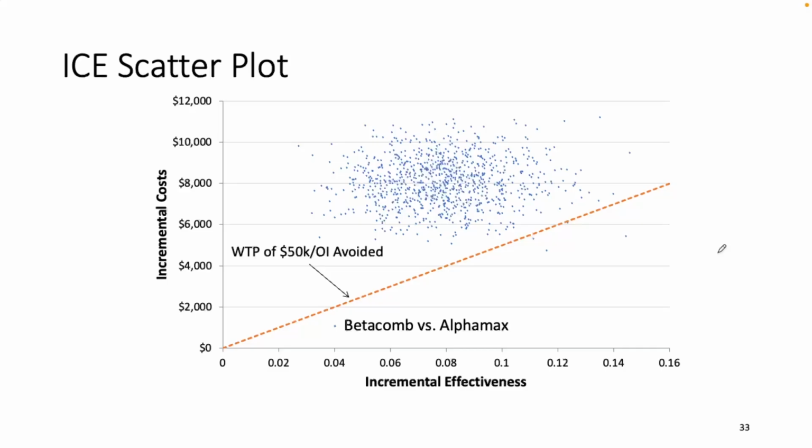And remember, we can draw a willingness to pay as a line. It's like y equals mx plus b, if you remember your high school algebra. And so as we draw this line, with our willingness to pay here of $50,000 per opportunistic infection avoided, we can say that anything below the line is going to be cost effective, and anything above the line is not going to be cost effective at that willingness to pay.